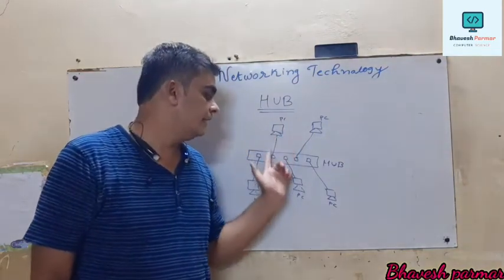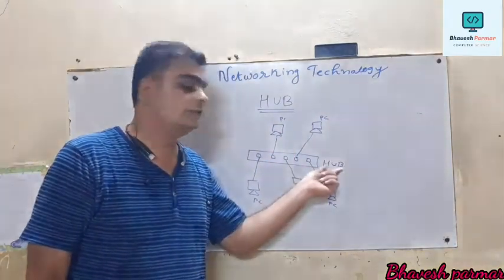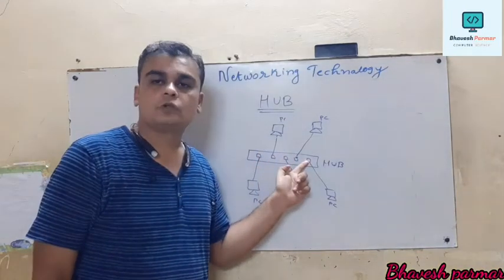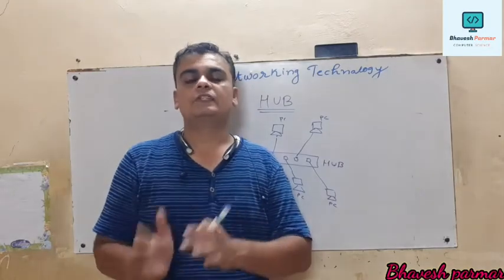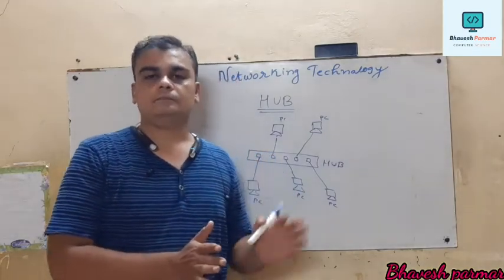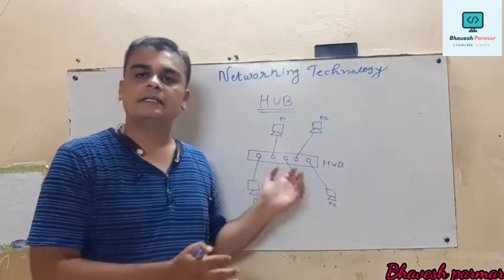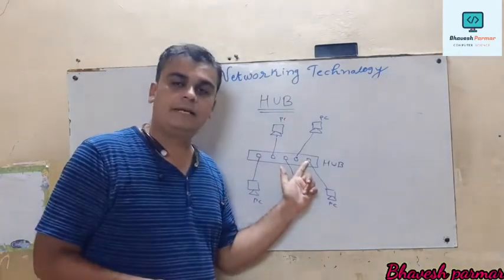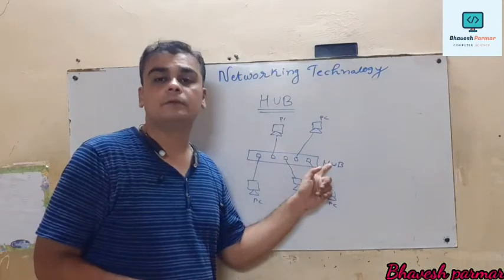Every computer in a network is connected with other computers through this hub, and this socket indicates a plug and play device. It means the user can easily connect to the network, and if the person doesn't want to, they can easily release it also. So by using a plug and play device, we can connect all the computers through this hub device.